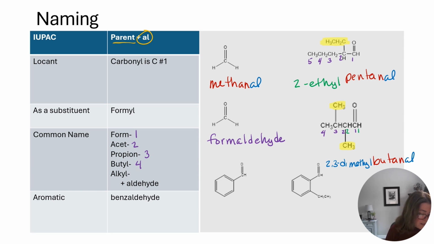Now, I don't know if I have enough space to write this. If I were to do this using my common name, so butyr- will replace the butanal. I still need to keep that 2,3-dimethyl, keep my substituents. So I'm going to write the formal name here.